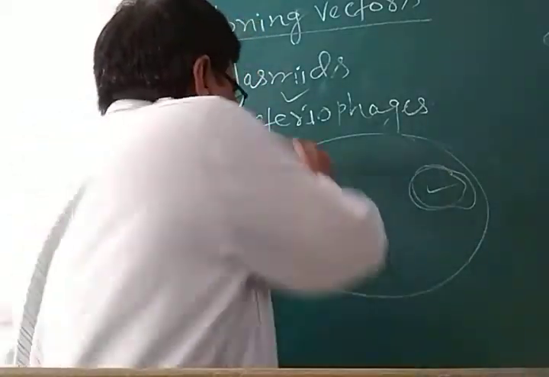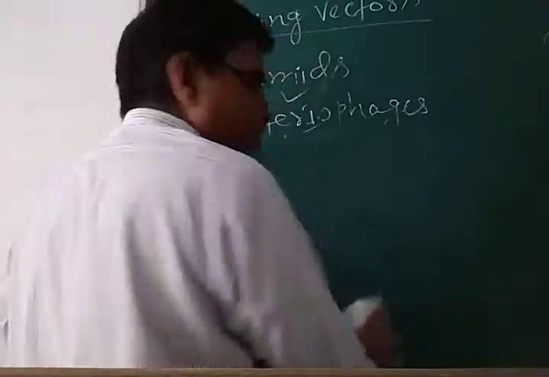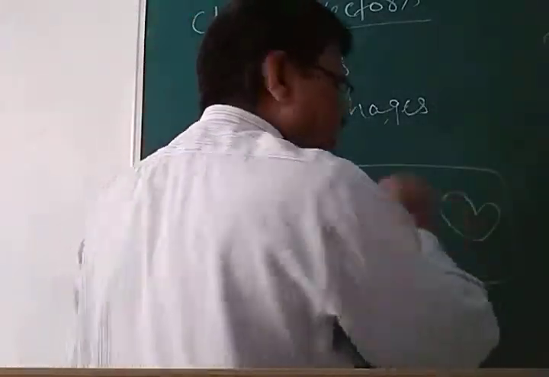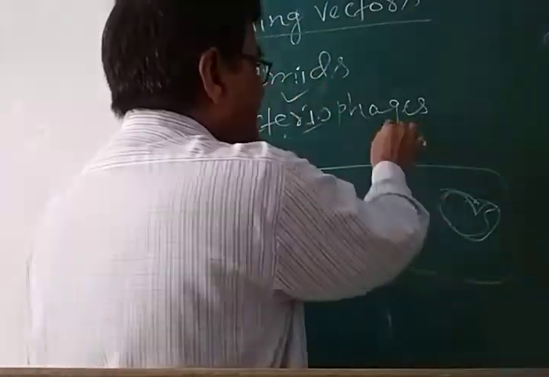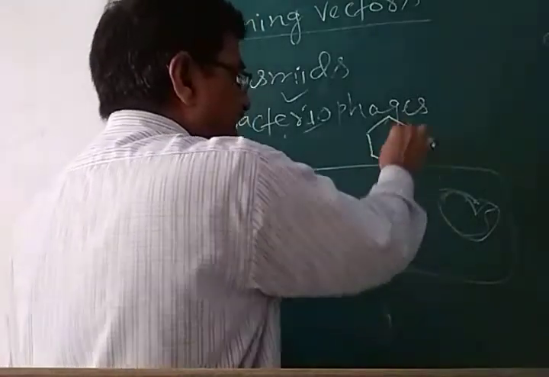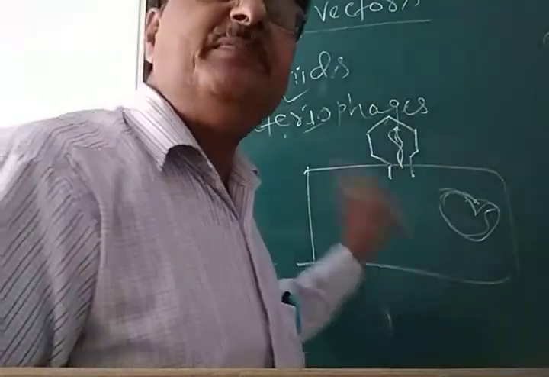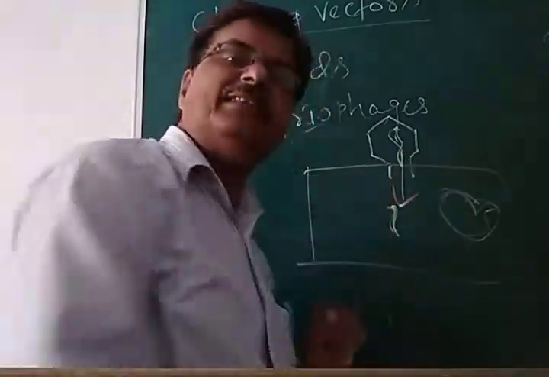Similarly, now we will talk about the bacteriophages. Suppose this is a bacterium, and this is the chromosomal DNA of the bacterium. Suppose this is a bacteriophage with its DNA. When a bacteriophage infects a bacterial cell, its DNA enters into the bacterial cell.